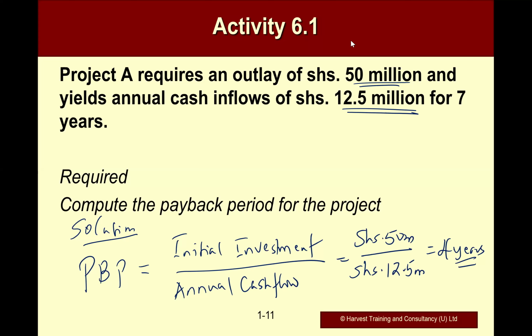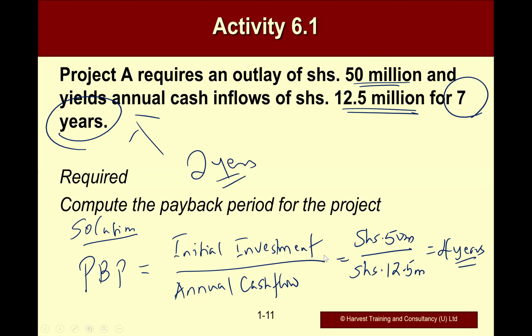But we don't know. These people could want their money in 2 years. Yes, the project will go for 7 years, but the company may want its money in 2 years. You get it? So this project will be rejected. You see, it really depends on the payback period policy. That answer depends on the payback period policy.